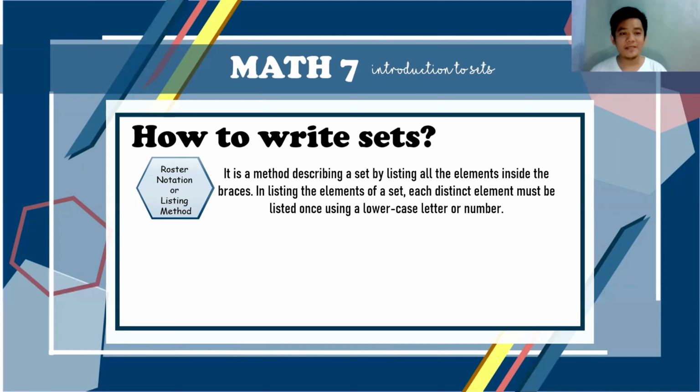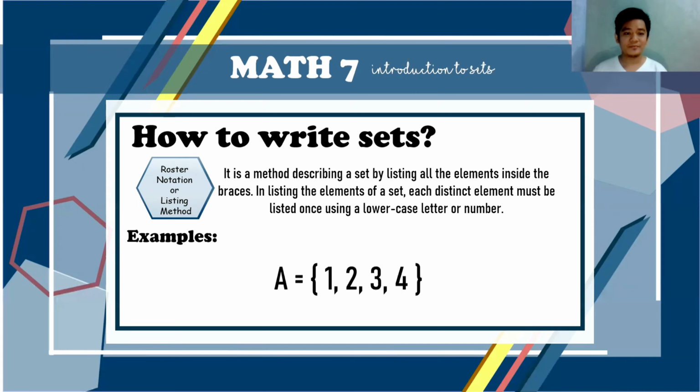Okay, from the name itself, listing method, meaning roster notation is only about writing sets using the elements, or just by listing the elements themselves. We have to consider the actual elements this time. Let us have an example. Set A equals {1, 2, 3, 4}.